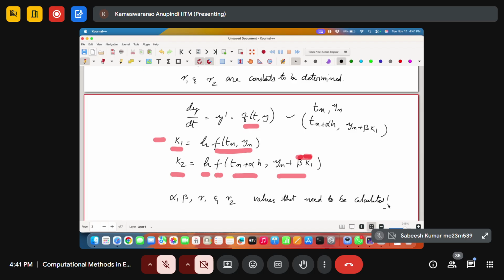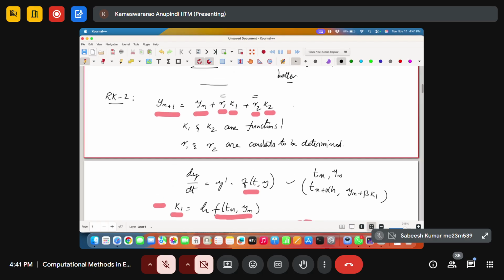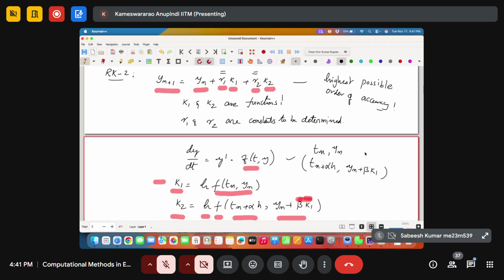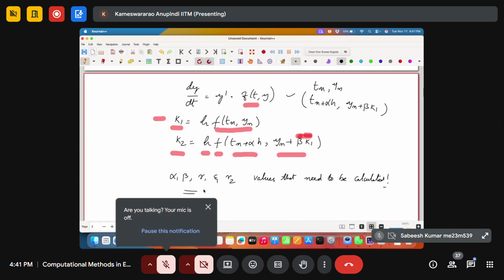So that means now we want to calculate these values such that we are able to obtain highest possible order of accuracy for this method, right? So just like we have devised a highest order accurate derivative by using 3 points or 4 points or 2 points, we want to now do what is the highest order possible for this method if I'm going to determine these values. Okay, so that is the idea.